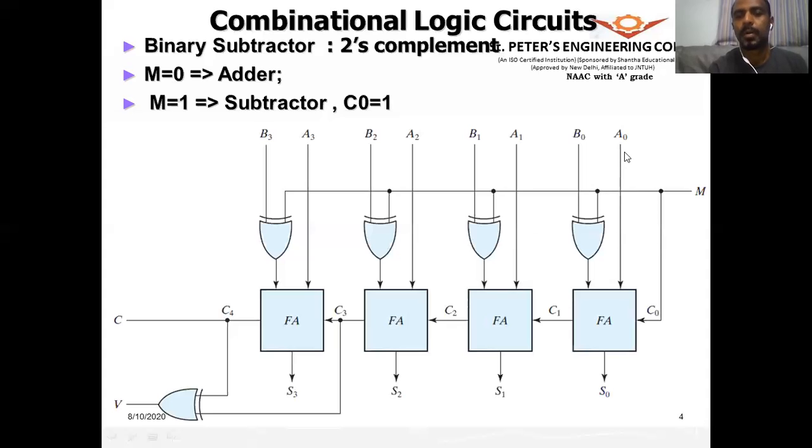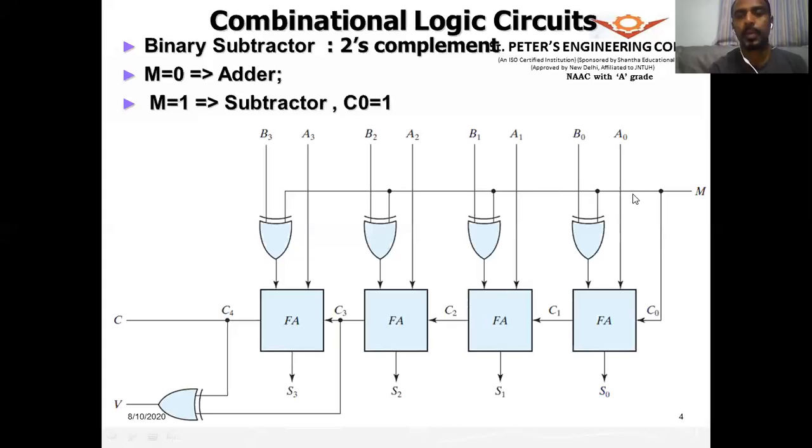Okay. Now, if M is equal to 1, then the circuit will work as a subtractor, and if M is equal to 0, then the circuit will work as an adder. So that is what we have seen here.